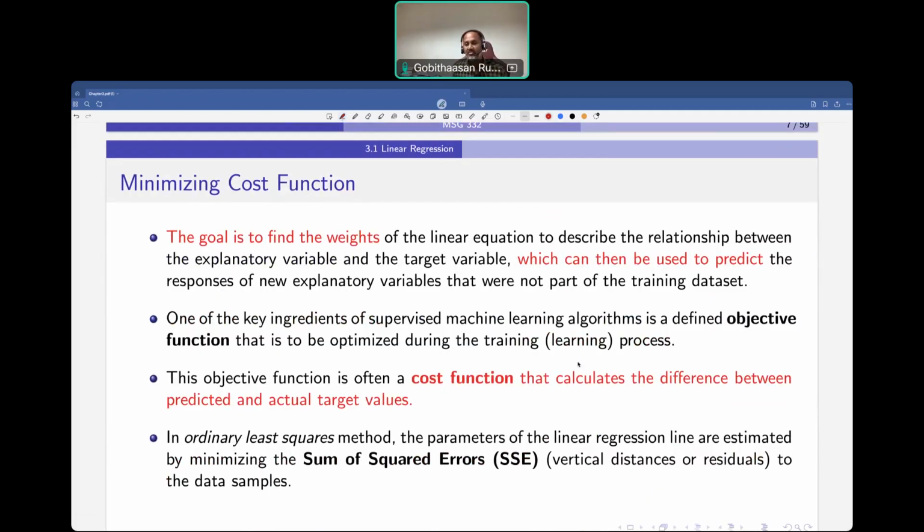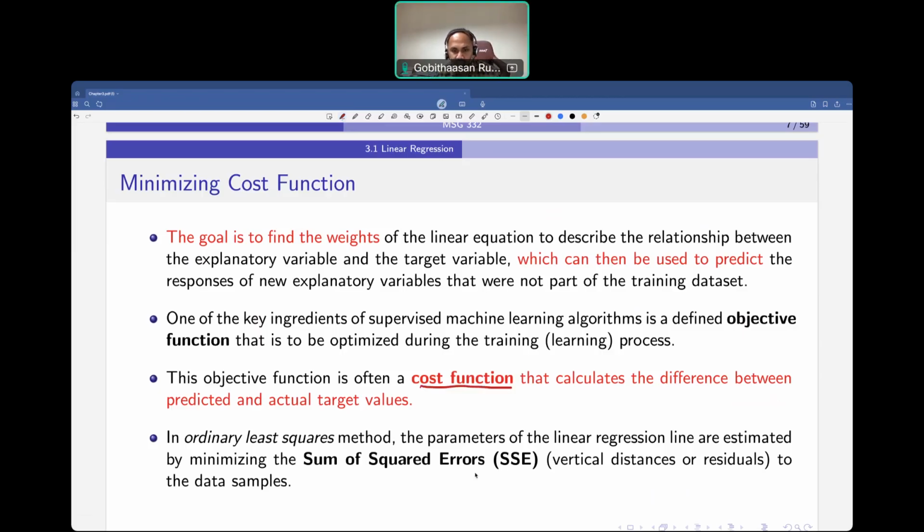Okay, so we actually have an objective function, which we would use to reduce this residual. The objective function usually would be a cost function, which will calculate the difference between the predicted value and the actual target value. Based on this cost function, we want to reduce the residual.